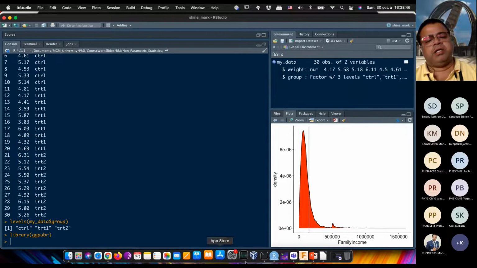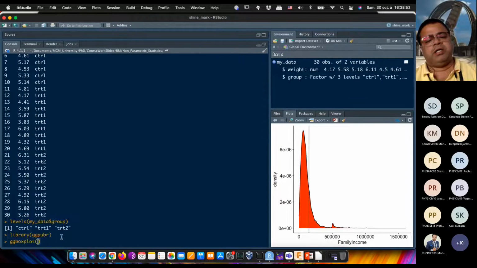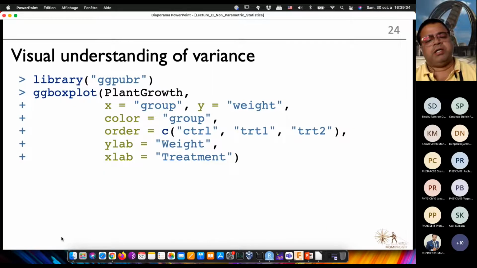Okay, now what is required is, first of all, the command is ggboxplot. Okay, so this is ggboxplot, very simple. So now the help is also coming with it. First of all मुझे data देना, तो data is in my underscore data. Okay, and then data दे दिया मैंने, फिर मुझे x देना है. x axis में क्या होगा, y axis में क्या होगा.